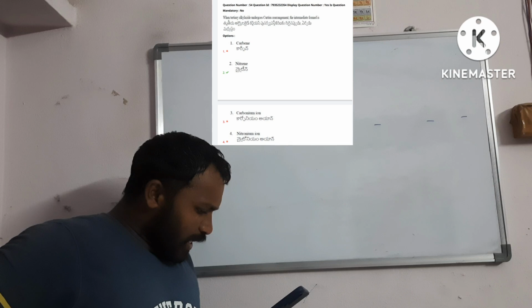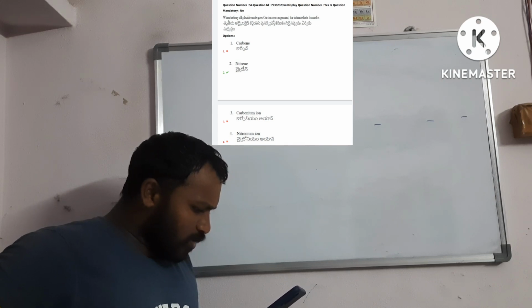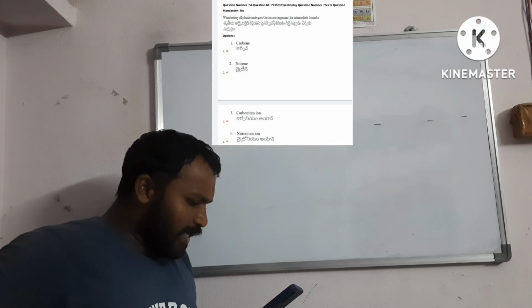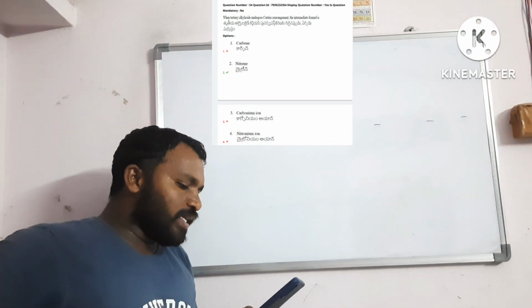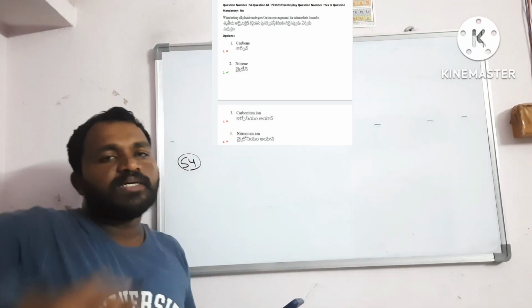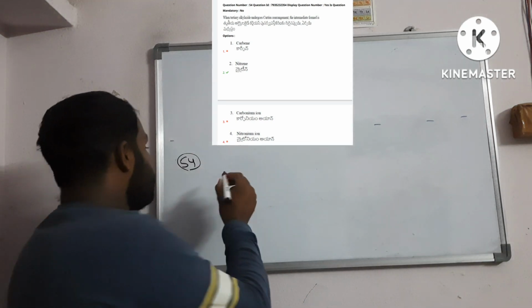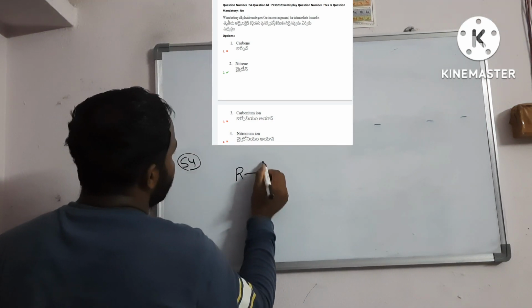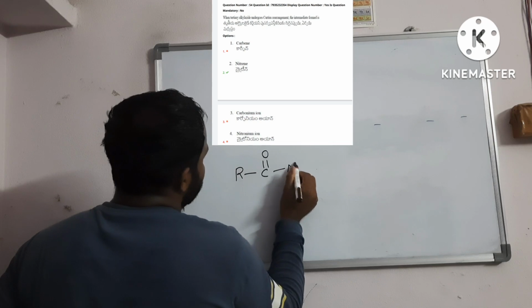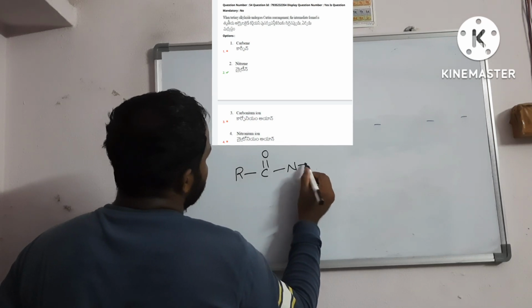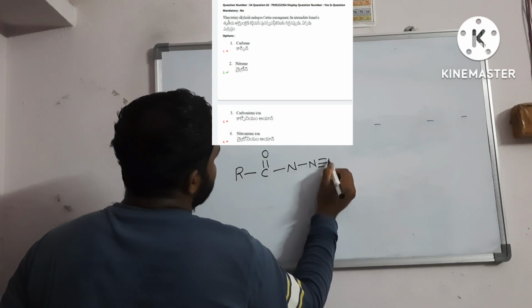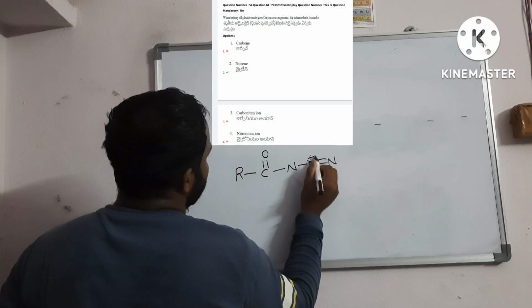What is that? When a tertiary alkyl halide and tertiary alkyl azide undergo Curtius rearrangement, the intermediate formed is, right? So here it is not an alkyl azide, it is an acyl azide, right? Acyl azide is RC=O N3. N3 means you can write N triple bond N, N plus, N minus.